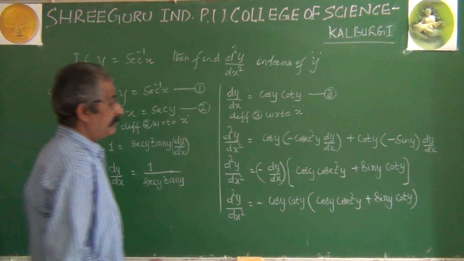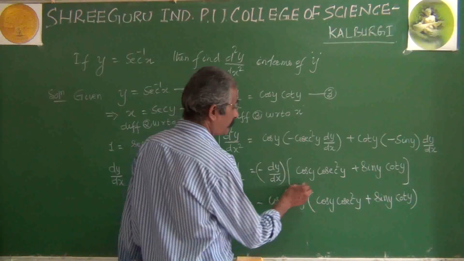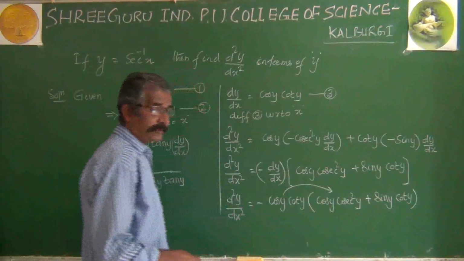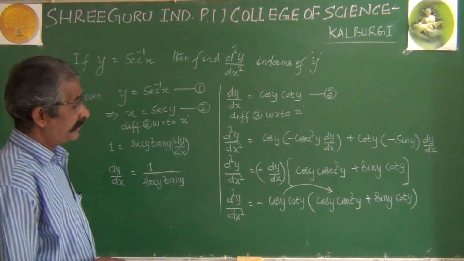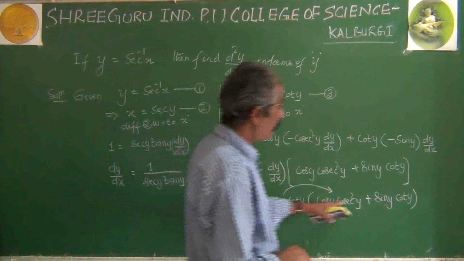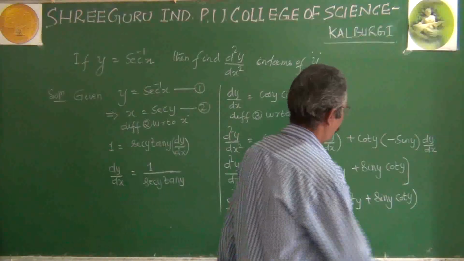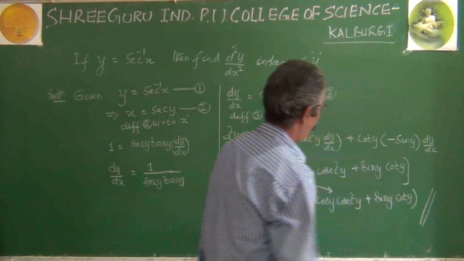If you want, you can introduce this term into the bracket, or else you can stop there. But it is after all an expression completely in terms of y. That's the final answer.